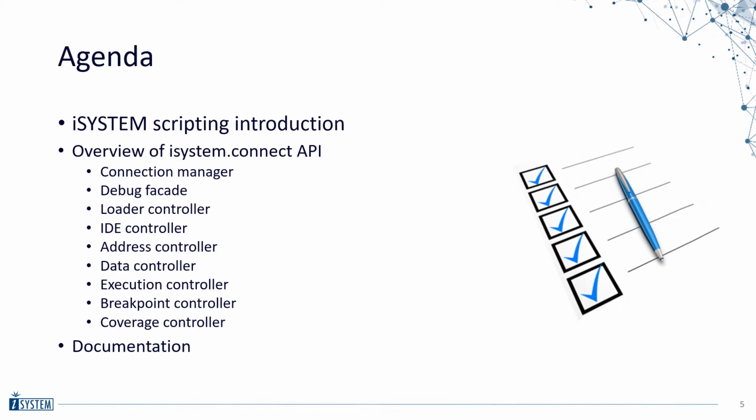I will start with Connection Manager. Next on the list are Debug Facade, Loader Controller, IDE Controller, Address Controller, Data Controller, Execution and Breakpoint Controller. Last on the list will be Coverage Controller. In the end, I will present the iSystem Connect documentation and online example scripts. Let's start.